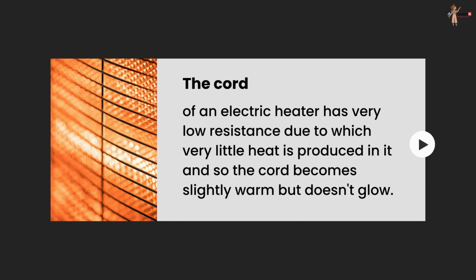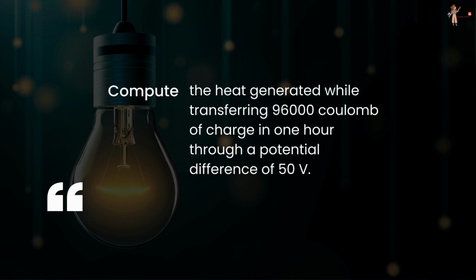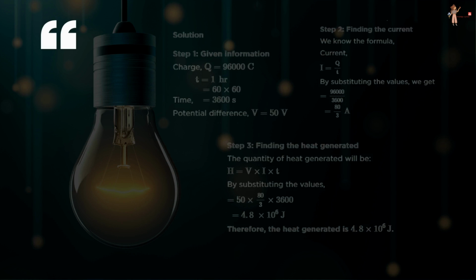Let's see the next question now. Compute the heat generated while transferring 96,000 coulomb of charge in 1 hour through a potential difference of 50 volts. Given charge is 96,000 coulomb, time is 1 hour, which is 3600 seconds. Now potential difference is 50 volts.